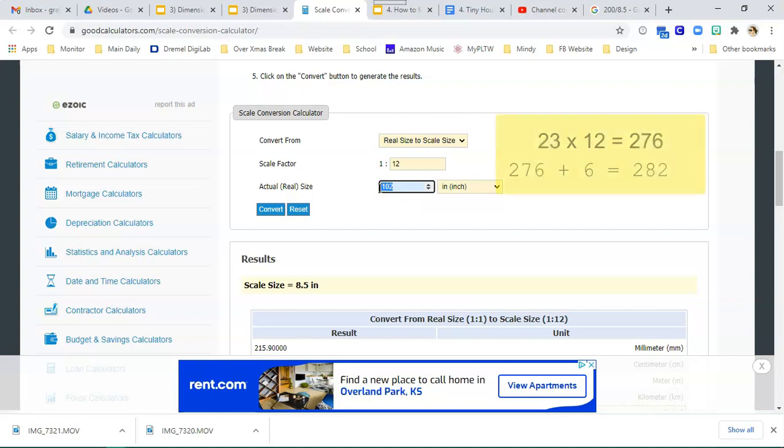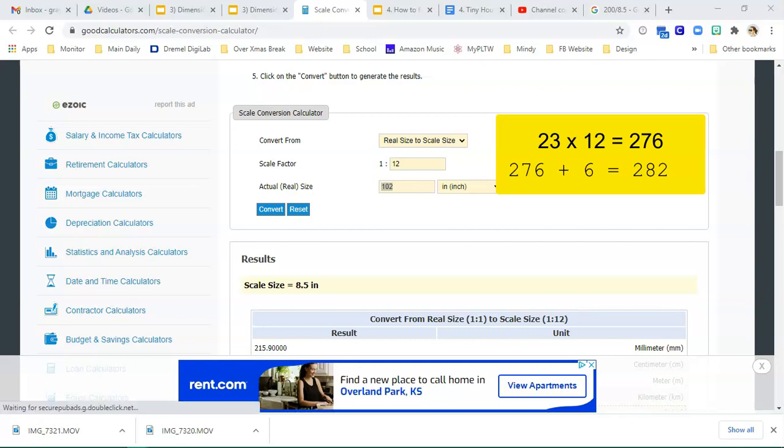So if you take 23 times 12, you get 276, but then remember we have that 0.5, so I'd have to add 6 more inches. 276 plus 6 is 282 inches. That's the maximum width, sorry, maximum length that my tiny house can be.